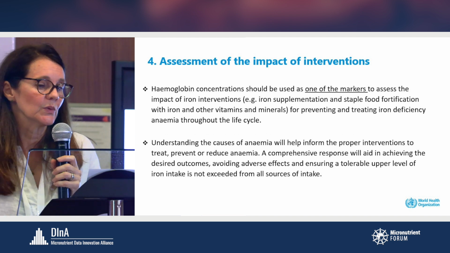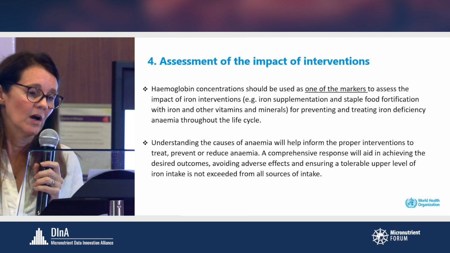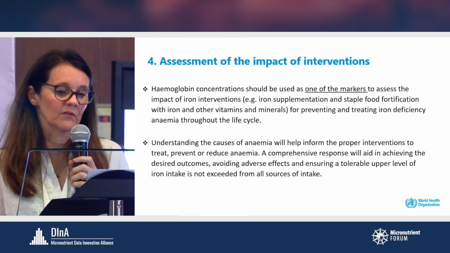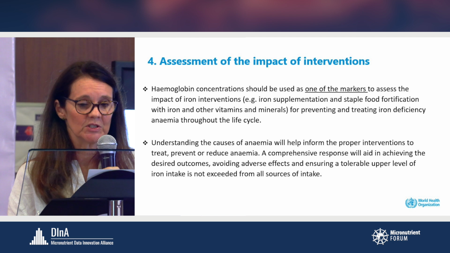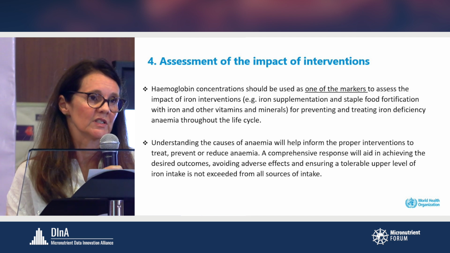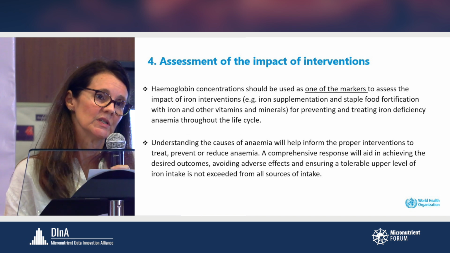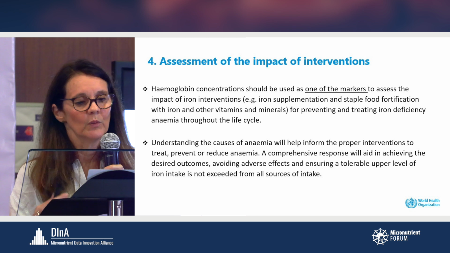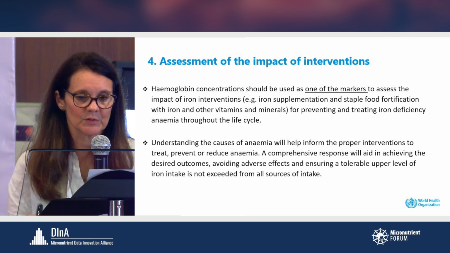But we also really encourage the use of additional indicators for measuring at least iron status, so looking at ferritin, serum transferrin receptors, along with other markers of inflammation. These are really important for us to be able to assess some of the etiology. So in addition to using the hemoglobin to look at the impact of an intervention, we really should try to also measure other indicators as well, but this was felt to be a good one.